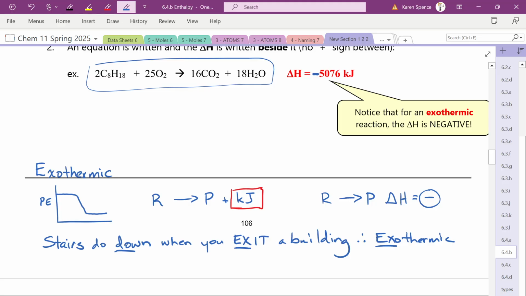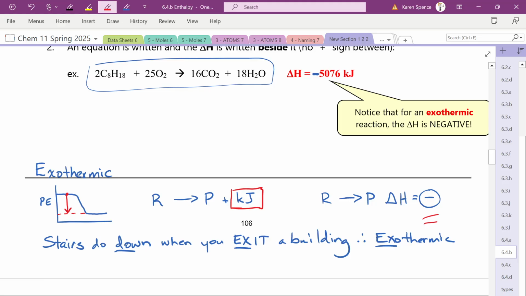And if you can remember that bit, then you can draw the graph. And if you can draw the graph, then you can figure out that you start at your reactants and you finish at your products. That means that enthalpy is decreasing, which means that delta H is negative.